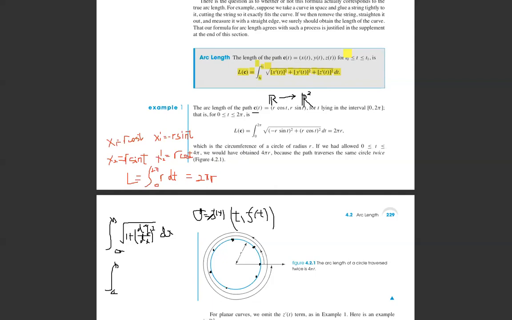The graph of y equal to f(x) can be parameterized into t and f(t).